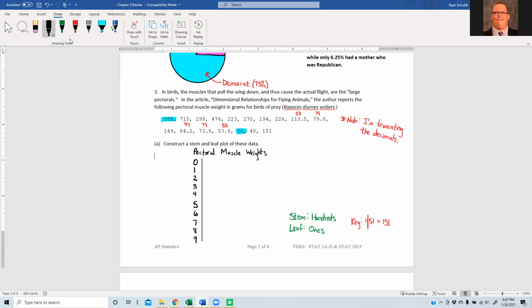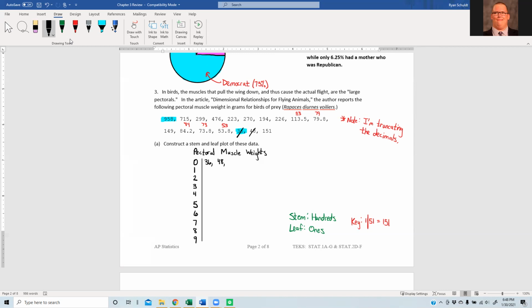So for the zeros in the hundreds, meaning they're just 2-digit numbers. What's my lowest? My lowest is a 36. Remember, when we do these, we go least to greatest. So 36 will be my first one. Cross it off. What's the next one? Looks like a 48. So I'm going to say 48 here. Cross it off.